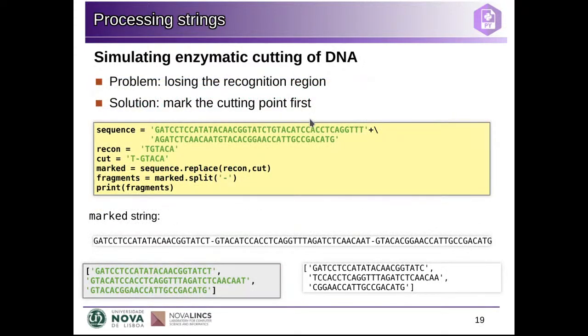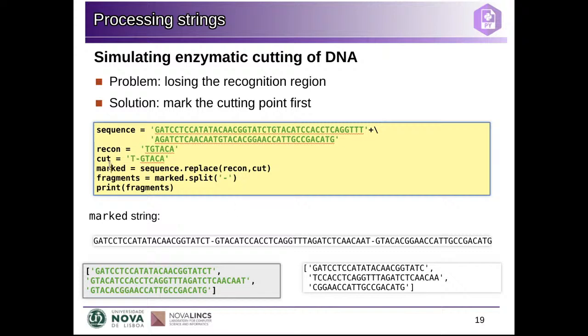But we can improve this a bit. So this is the recognition site. This is where the enzyme will cut in the recognition site, and we can mark the cutting point with this dash there. So there are no dashes in our sequence other than those that we may put to specify where the enzyme will cut.